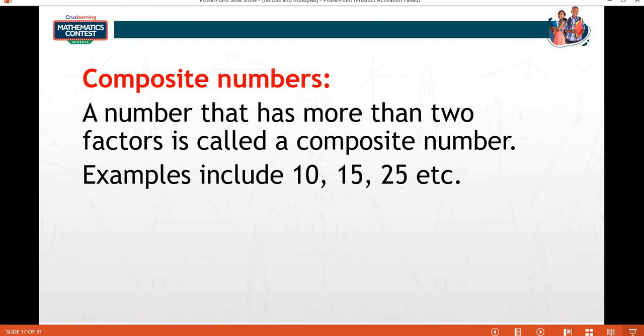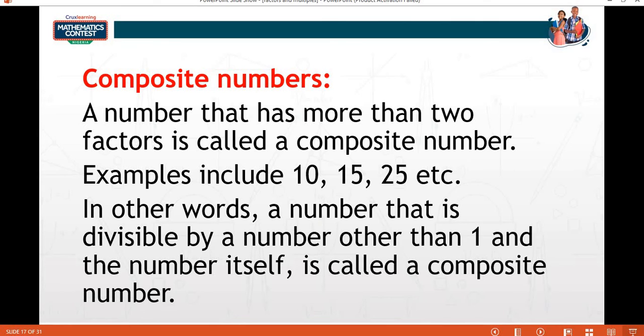Here are instances: 10, 15, 25, and so on. We have so many of them.